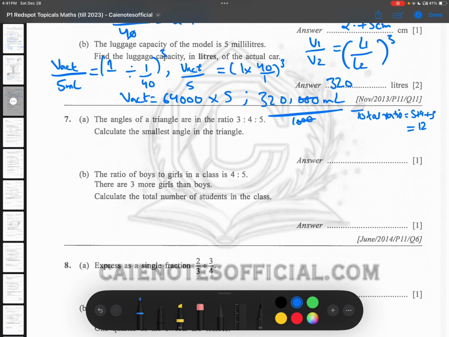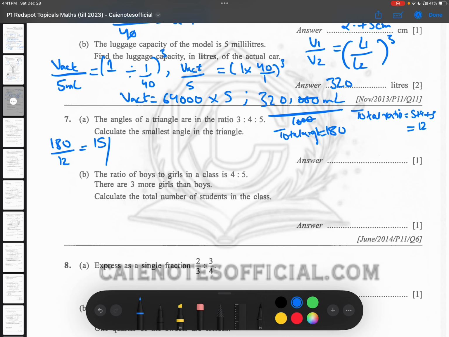And the sum of all the three angles is equal to 180, because in any triangle, the sum of interior angles is 180. So if I divide my total quantity 180 by 12, I will get the count for one part. So 180 divided by 12, we get 15. So this is the quantity in one part.